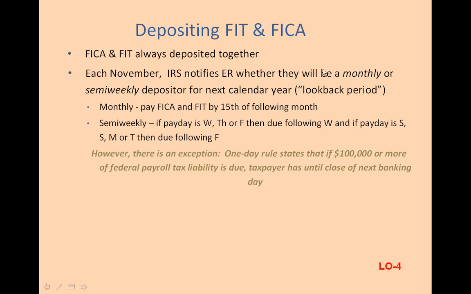They see what your volumes were in the prior quarters, and they decide whether you should be paying more often or back to monthly. And if you have to pay more often, it's because you accumulate larger amounts in these trust account taxes. So if you pay monthly, it's by the 15th of the following month of the end of the payroll period in that calculation.